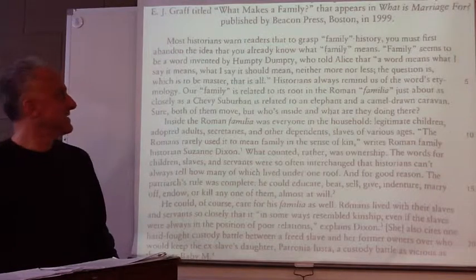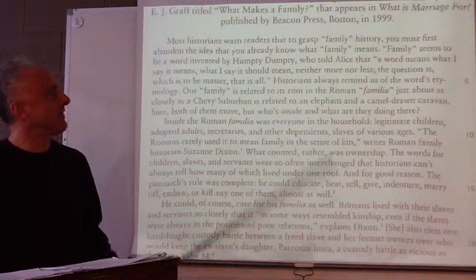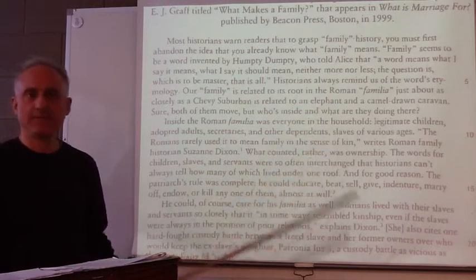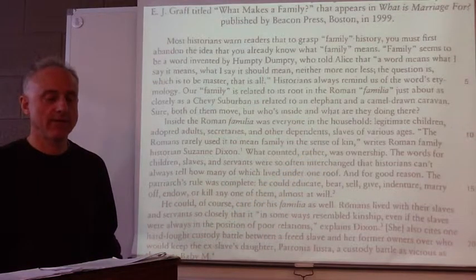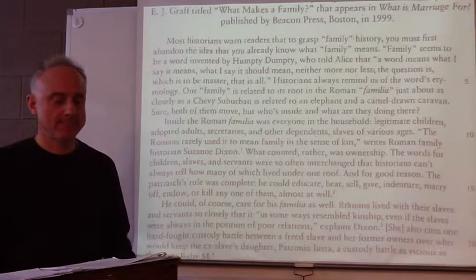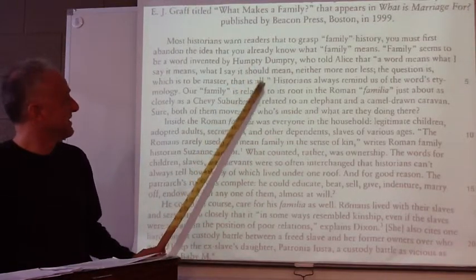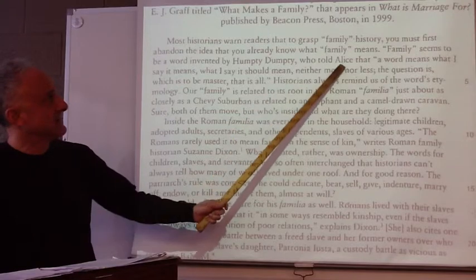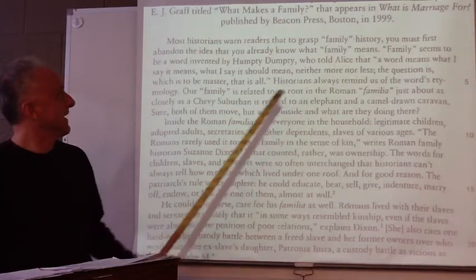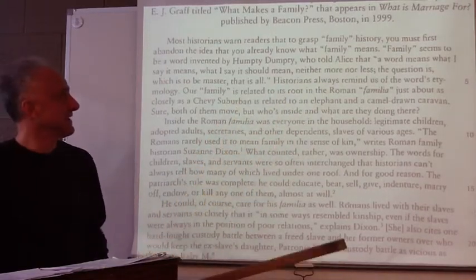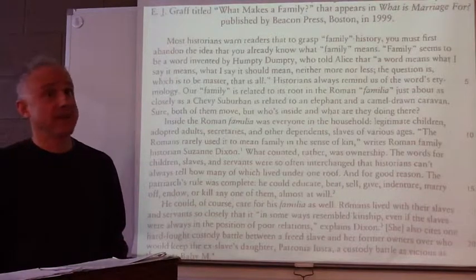So it starts off with a paragraph that tonally doesn't seem to fit the rest of the passage, and there's a question about that. We have references to Humpty Dumpty and Alice in Wonderland and a Chevy Suburban, and it's just kind of casual.